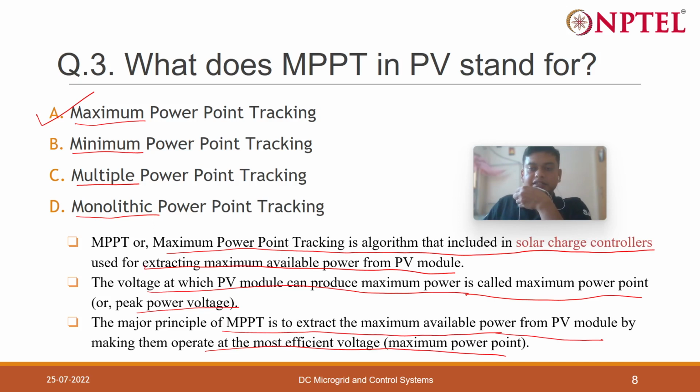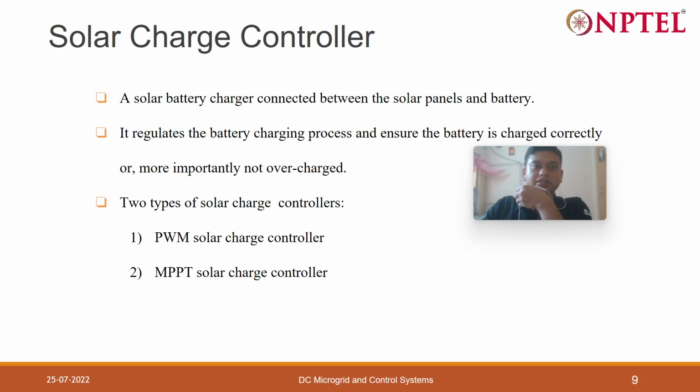And here the term solar charge controller is included. So let's see the solar charge controllers, where this MPPT algorithm is implemented. What is a solar charge controller? That is a solar battery charger connected between the solar panels and the battery. We will see the figure in the next slide.